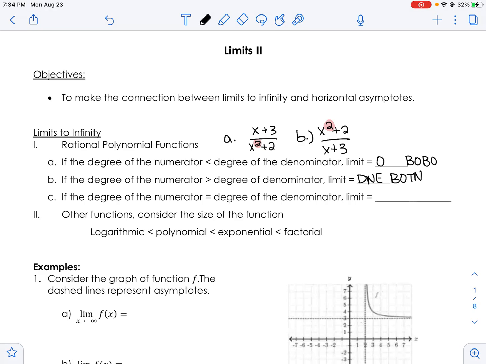If the degree of the numerator equals the degree of the denominator, we're going to take a ratio of the leading coefficients.